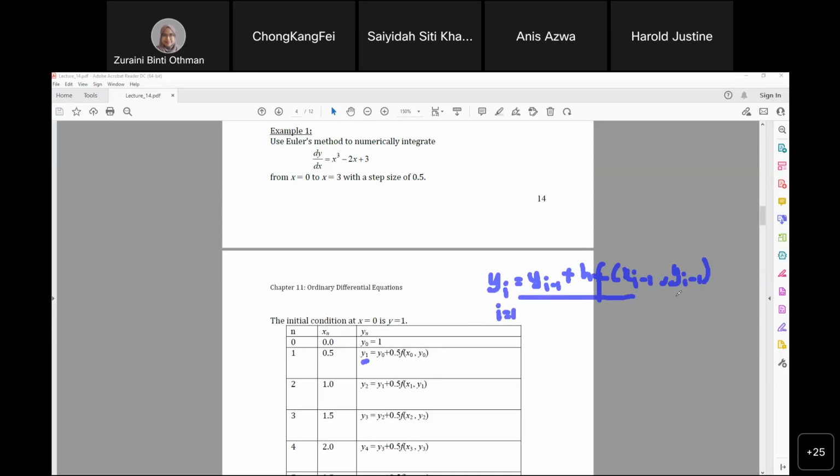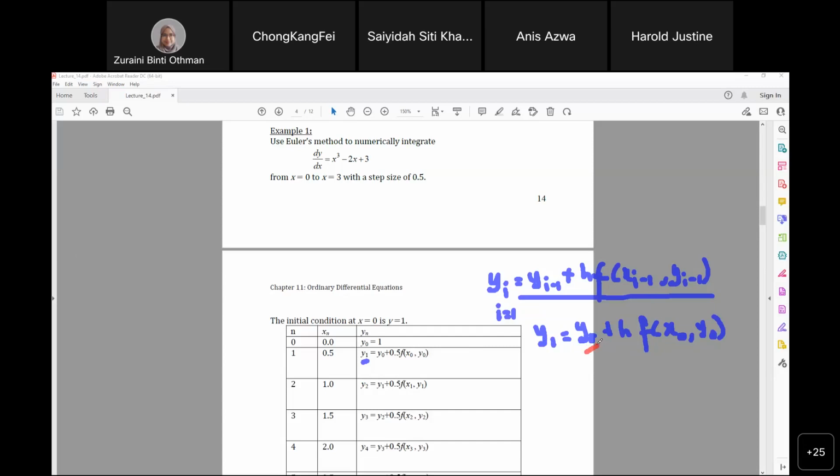So by using this formula, formula ni diberi. Kalau dia tak beri pun, this is an online exam, then you may refer to this note. Okay, then i tolak 1 ialah 1 tolak 1, which means y0, plus h times f(x0, y0).